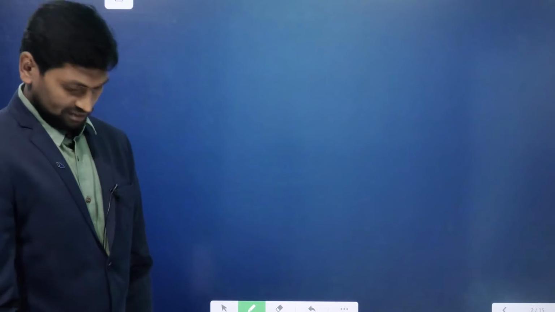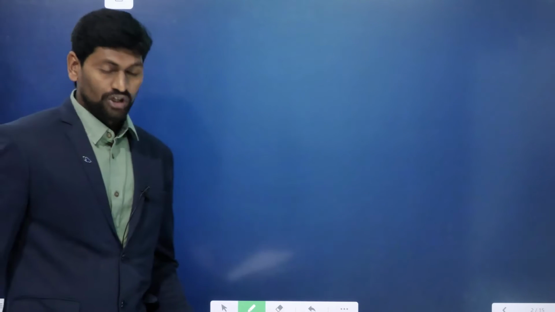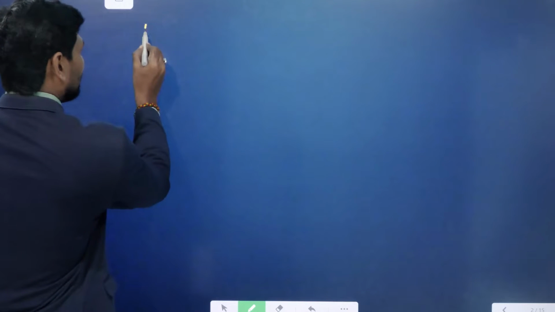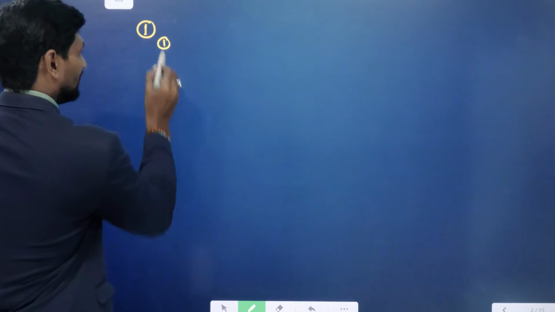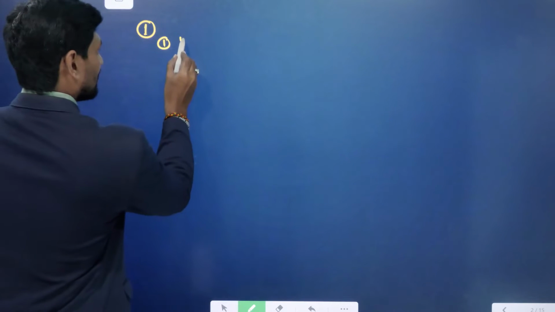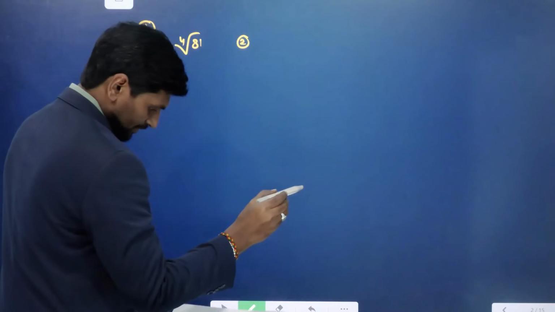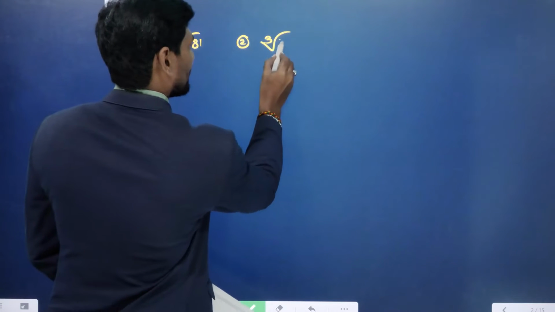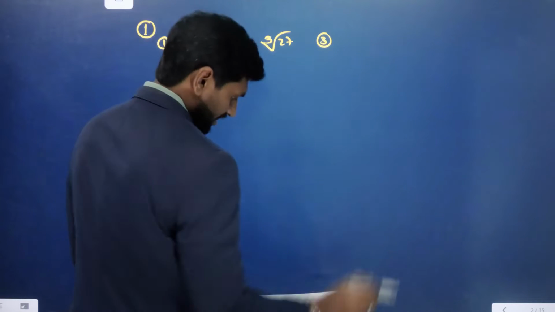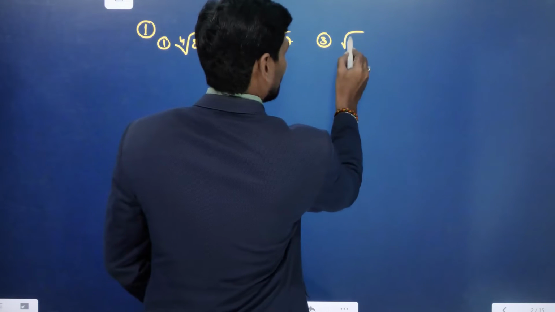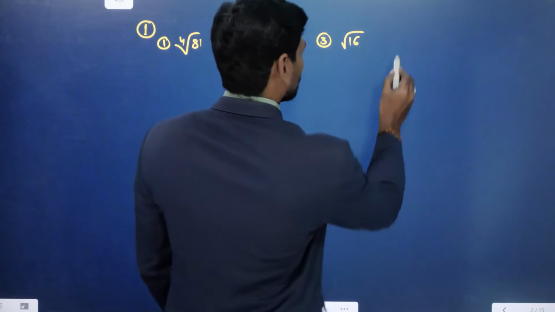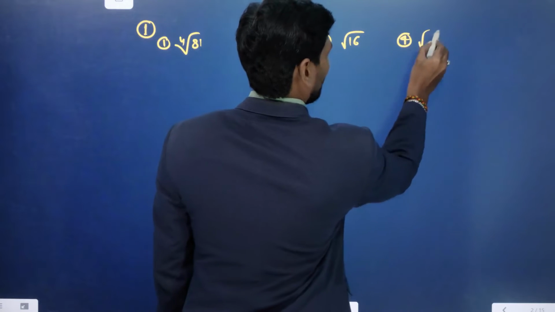Let us go to the problems here. Question number 1: which of the following is a surd? The first option is 4th root 81, the second option is cube root 27, the third option is root over 16, and the fourth option is root over 8.